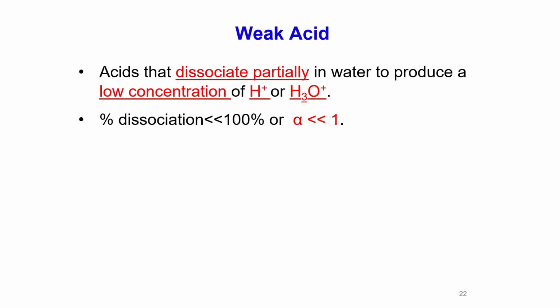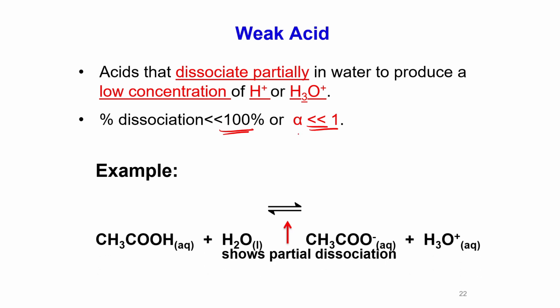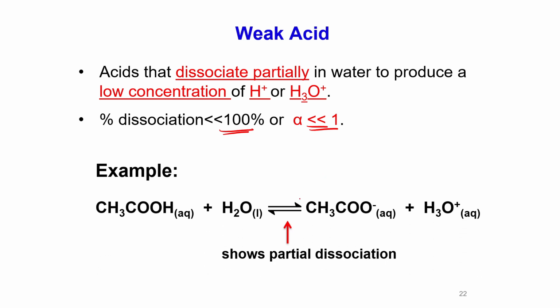So in terms of percentage of ionization or dissociation, it will be less than 100%, or alpha less than 1. In the equation we see a reversible arrow. The reversible arrow is because not 100% of the reactant converts to product. It means after it produces the product, it produces the reactant again. So weak acid partially dissociates.